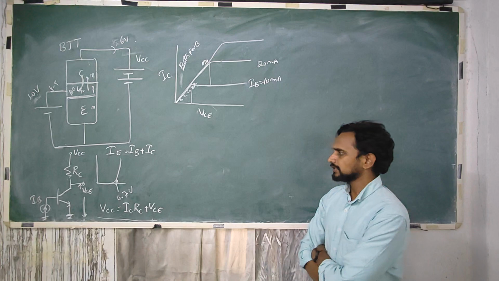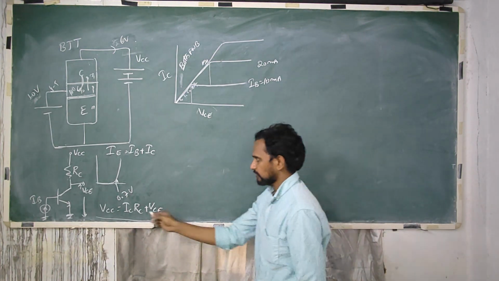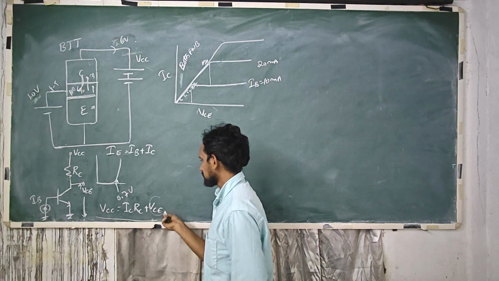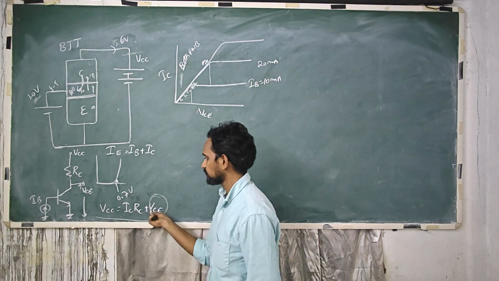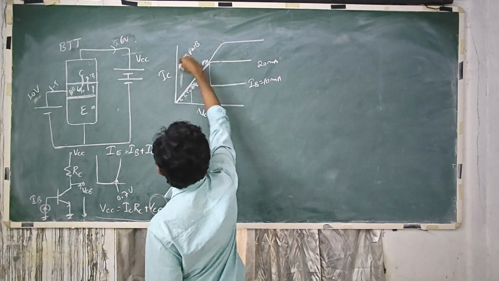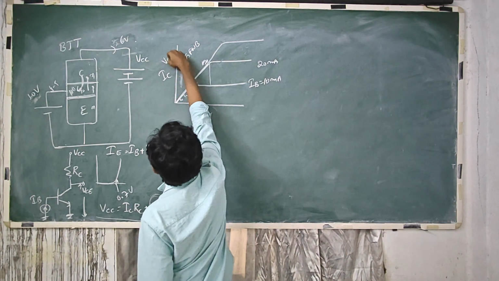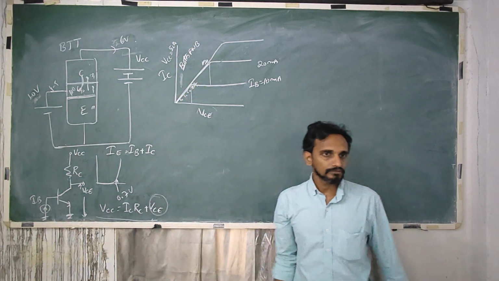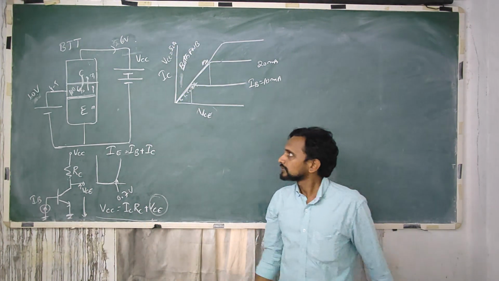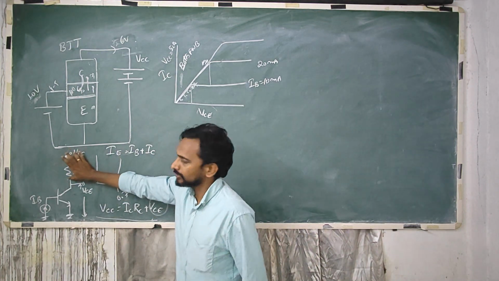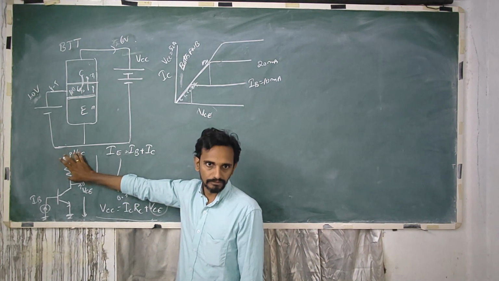So what happens here? VCC is equal to, VC is negligibly small, VC is very low. So in this region, VCC is equal to ICRC. VC is negligible, so no voltage will be dropped here, the entire voltage will be dropped at this location only.